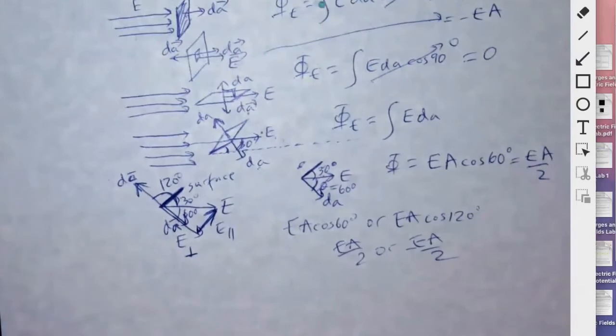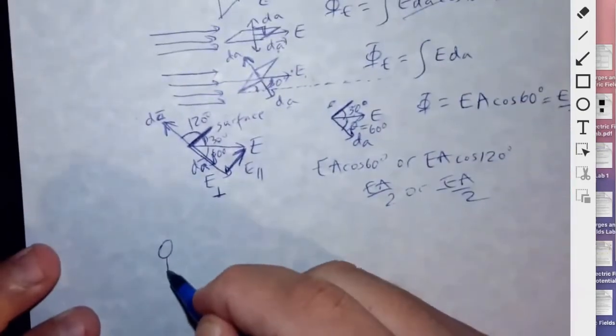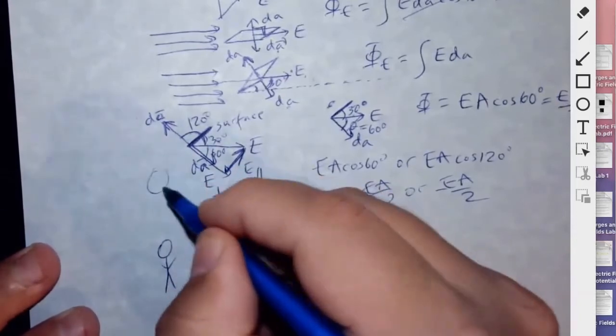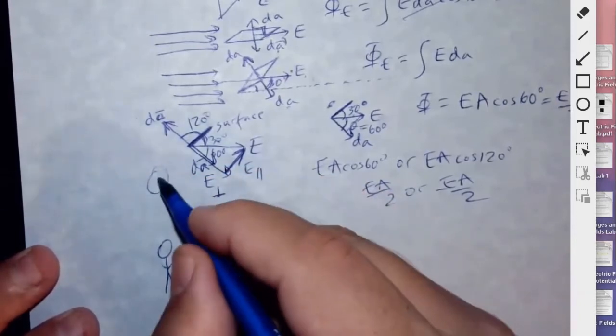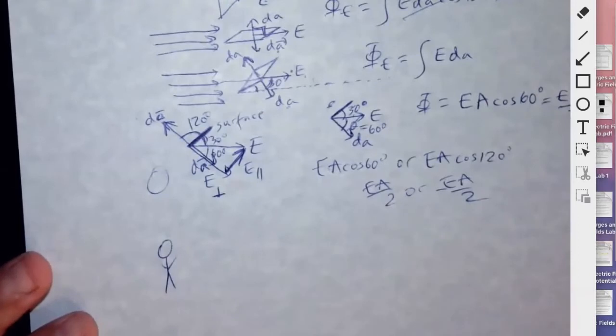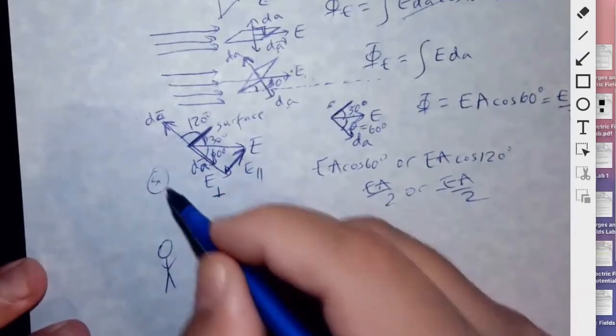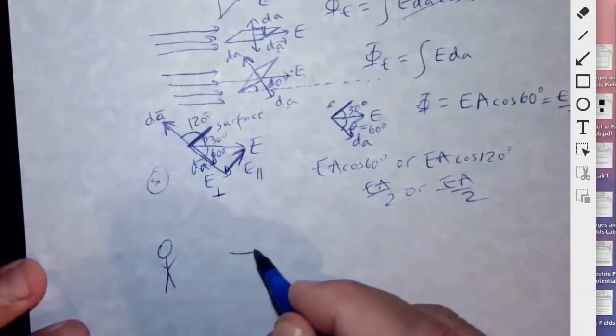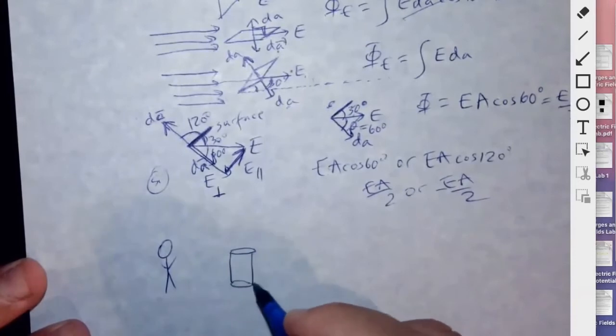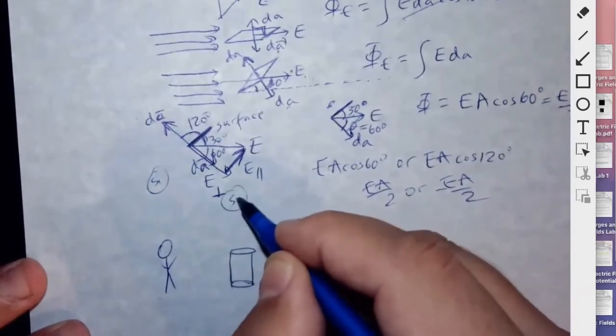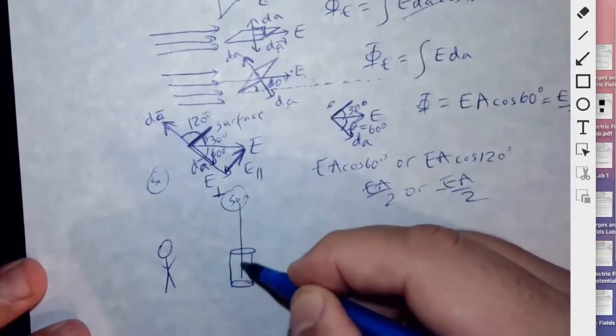Another analogy I'm thinking of: flux could almost be the shadow that you cast from the sun's rays. Imagine the sun is direct, and imagine yourself as a cylinder like this, and the flux is coming this way.